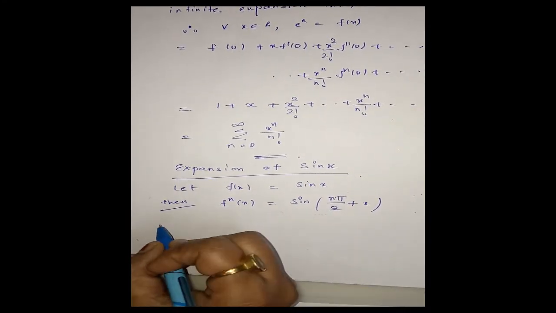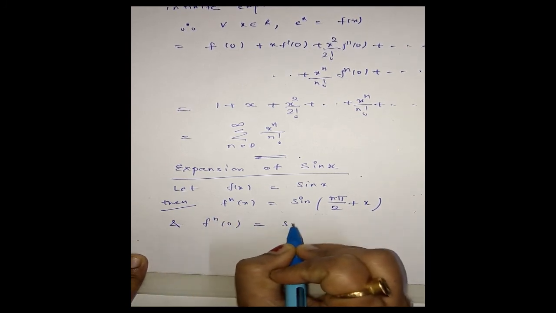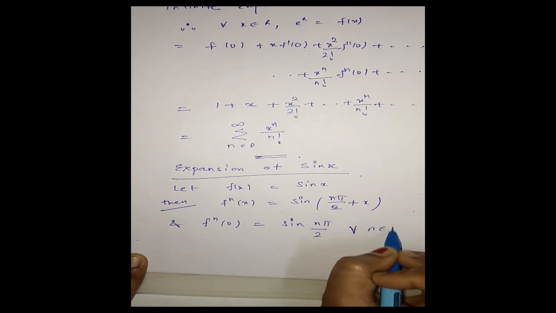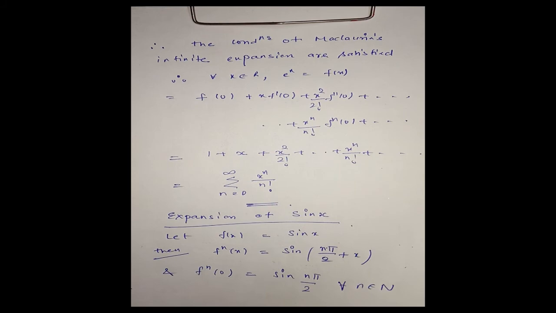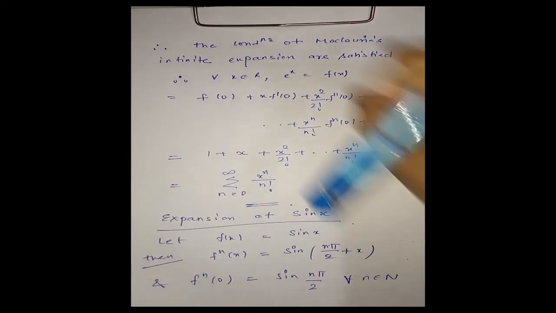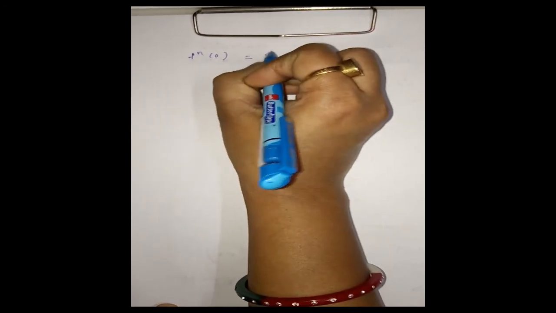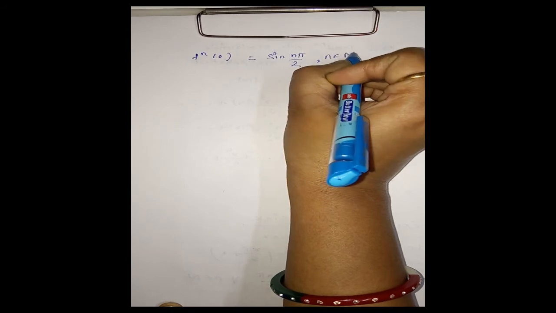Now, f^n(0) will be sin(n pi by 2) for every n in N. Okay. Now, f^n(0) is sin(n pi by 2) where n is a natural number.